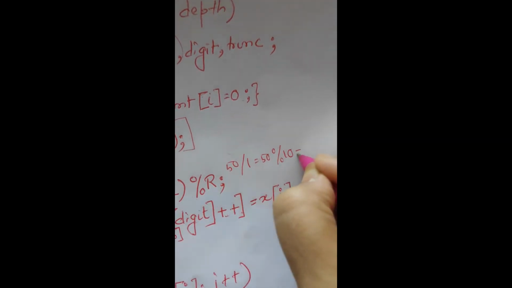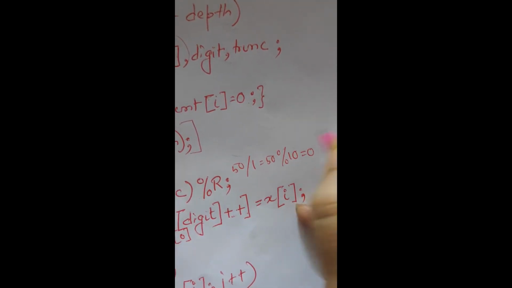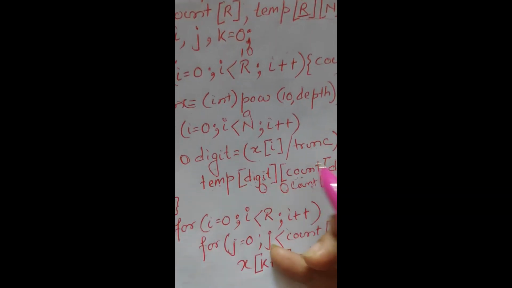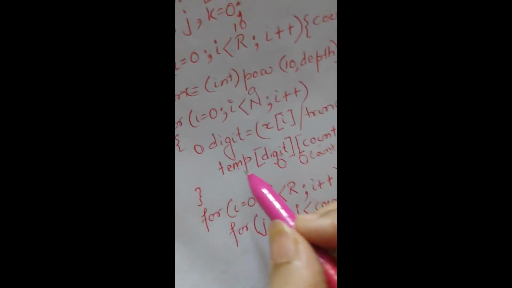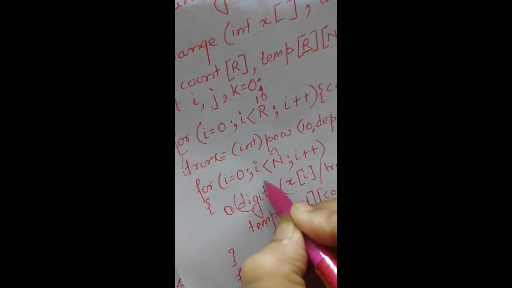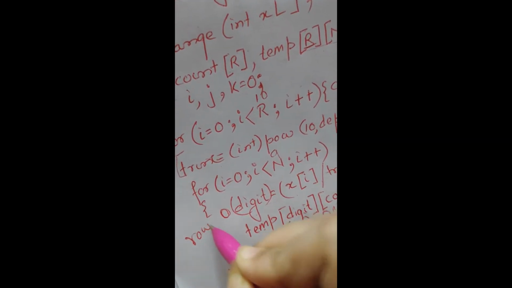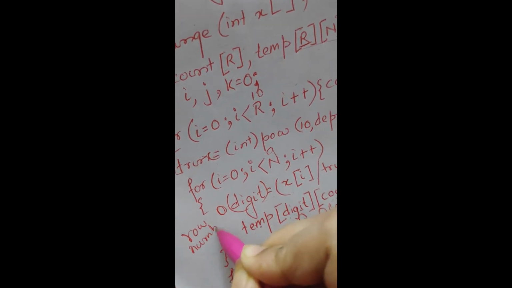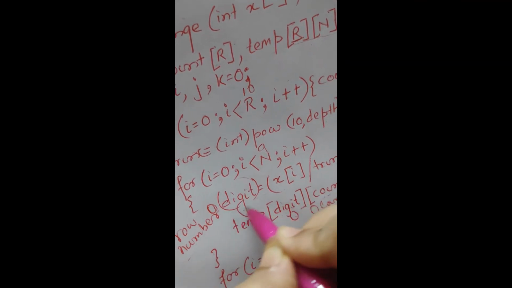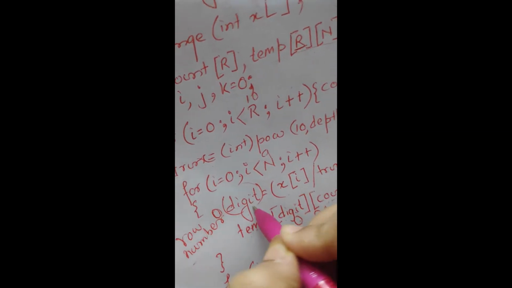So again it will give you a value 0, right? Now when it is giving you the value 0, actually this digit is calculating your row number in which we are going to put the number. Correct? This digit value is calculating the row number in which you are going to put your number.